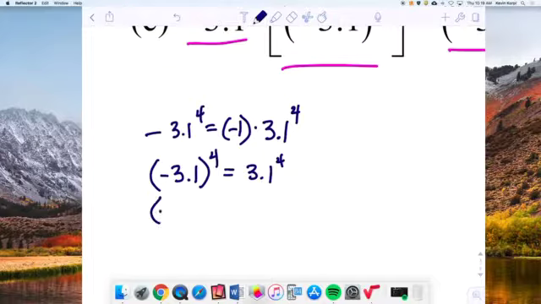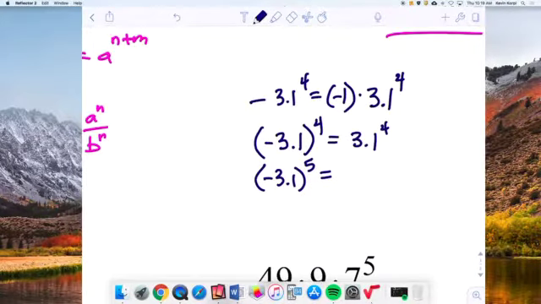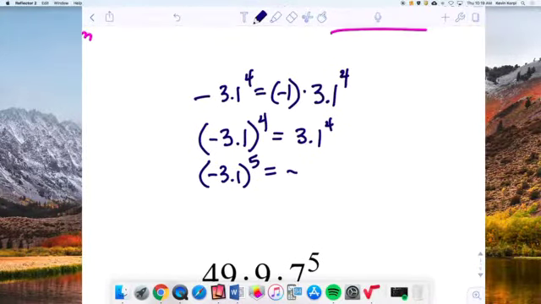Whereas, just since we're right here, if I have negative 3.1 to the, let's just say, 5th, what happens if you have a negative number raised to an odd power? It stays negative. So that can be written as negative 3.1 to the 5th without parentheses.